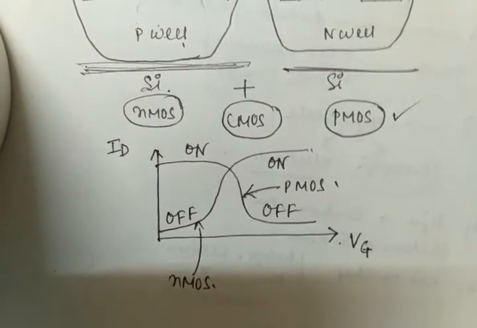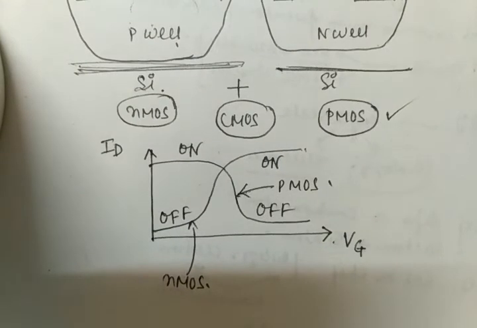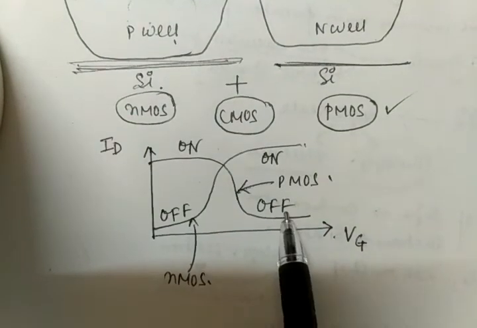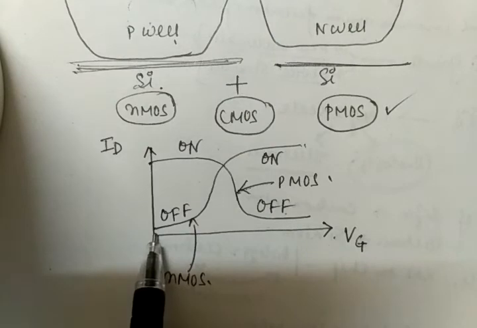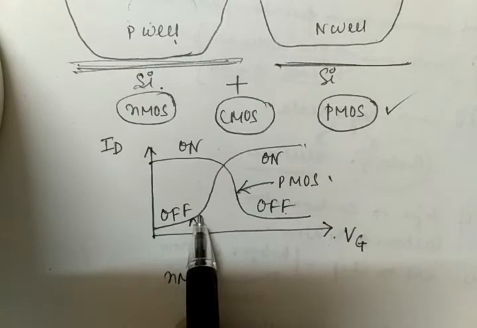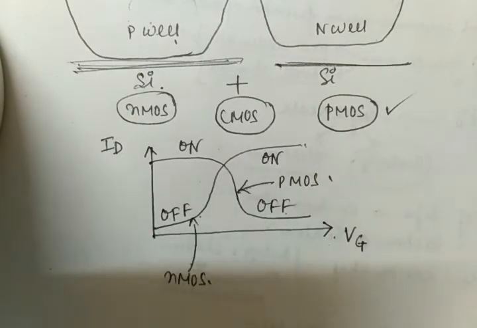It is a very important point, and this is your assignment, which I am going to discuss just now. If we see the characteristic curves for NMOS and PMOS, this is the gate voltage, and whenever it is 0, the NMOS current is already off, but it gradually turns on as the gate voltage increases.